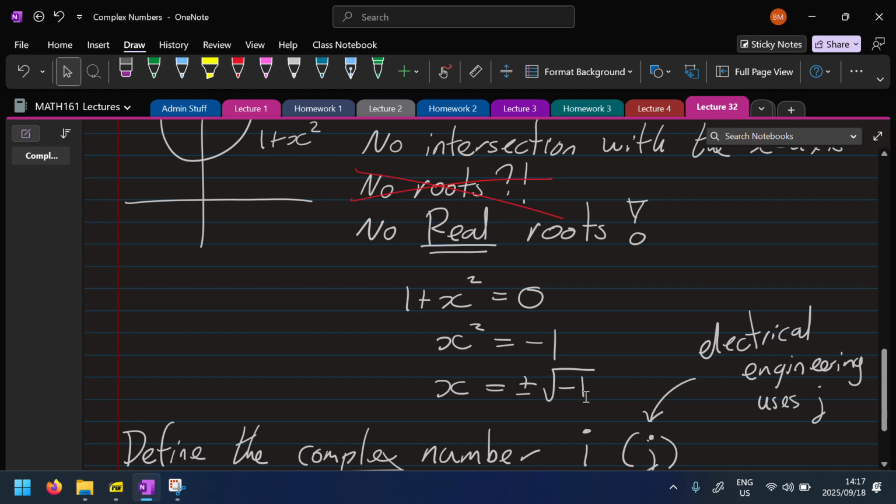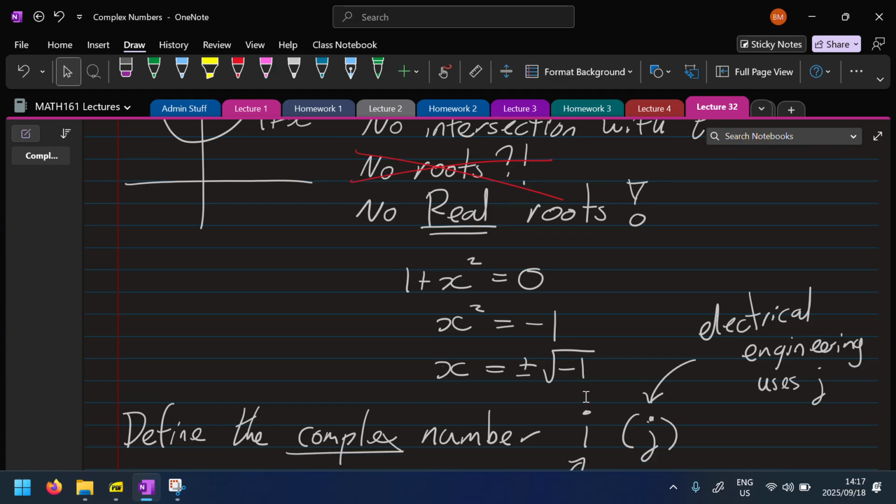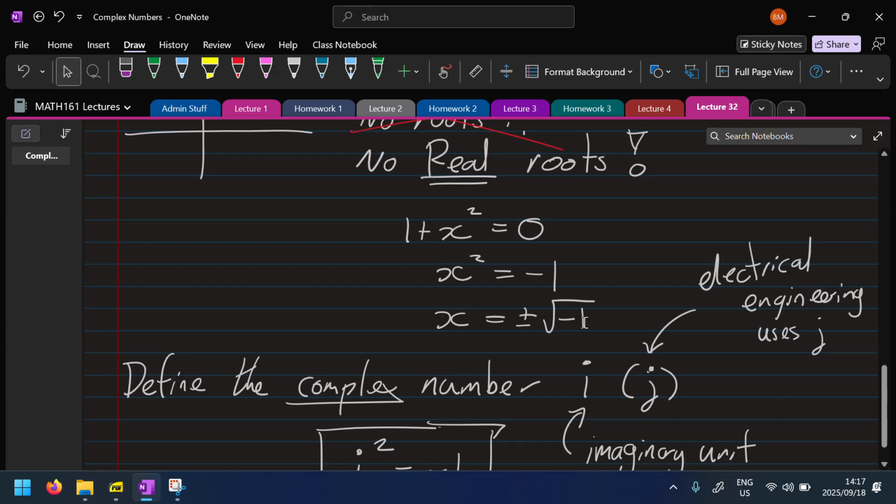So this number over here, root of minus 1, we call that I. So root minus 1 equals I, so I squared is minus 1. It's just another way of writing this.